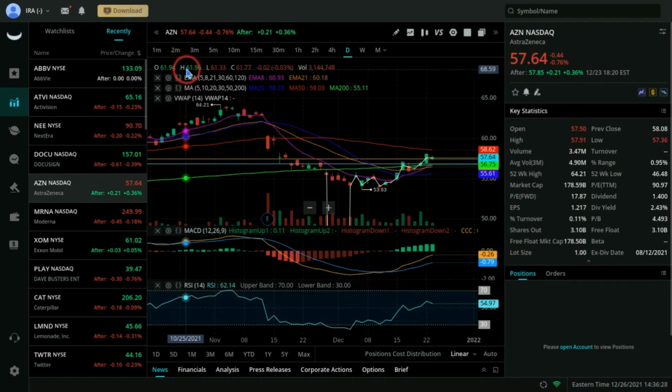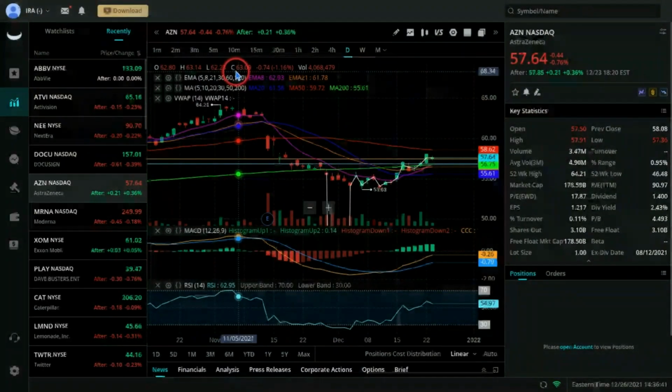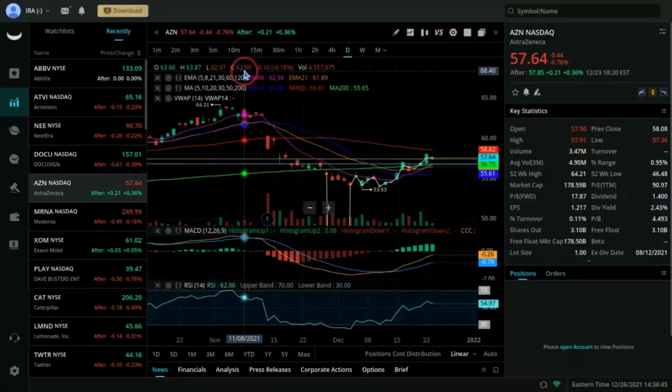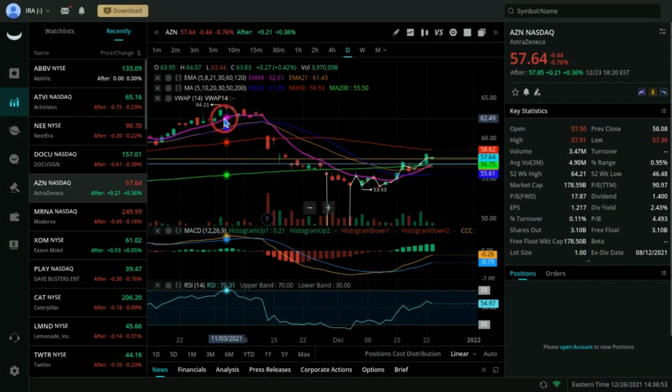Then we have your H, which tells you the high of the day of that particular candle. We have your L, which tells you the low of the day of that particular candle. Then you have your C, which tells you that the candle closed at that certain price. And it also tells you what price your moving averages are around here, and your VWAP under each particular candle.